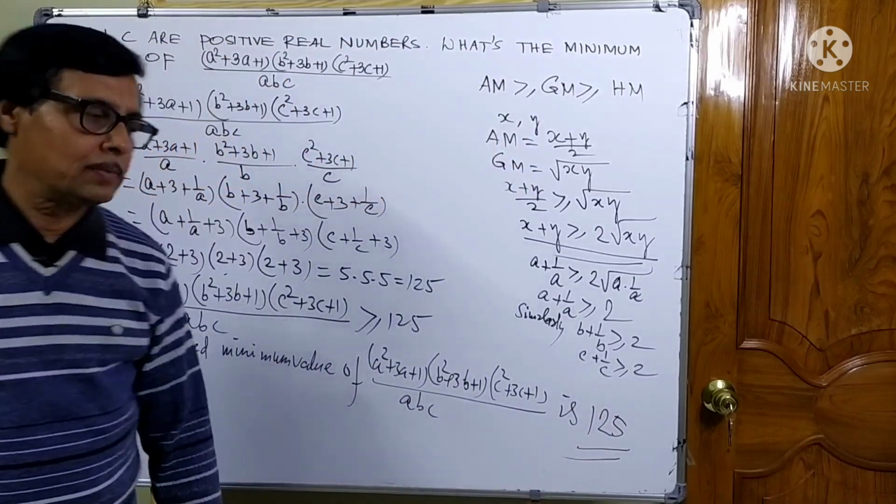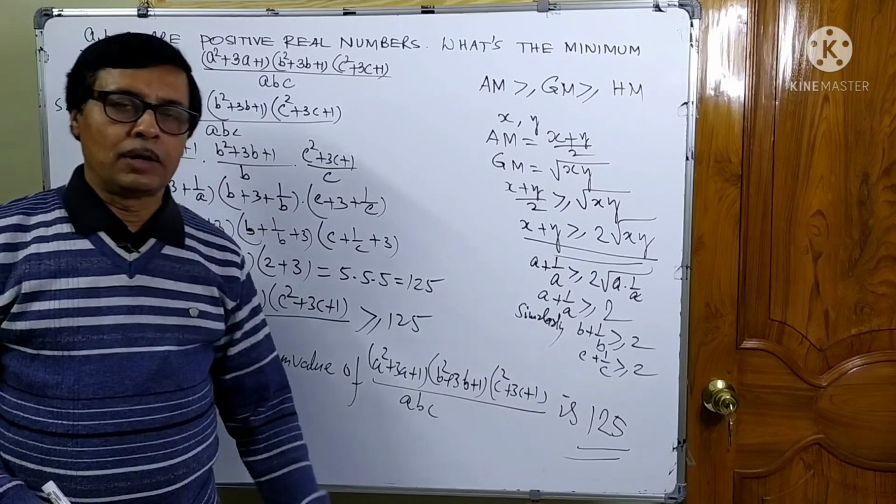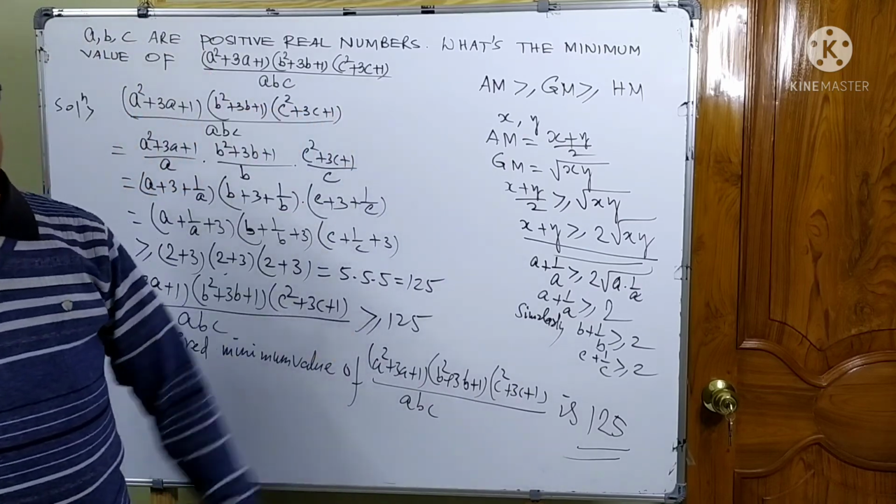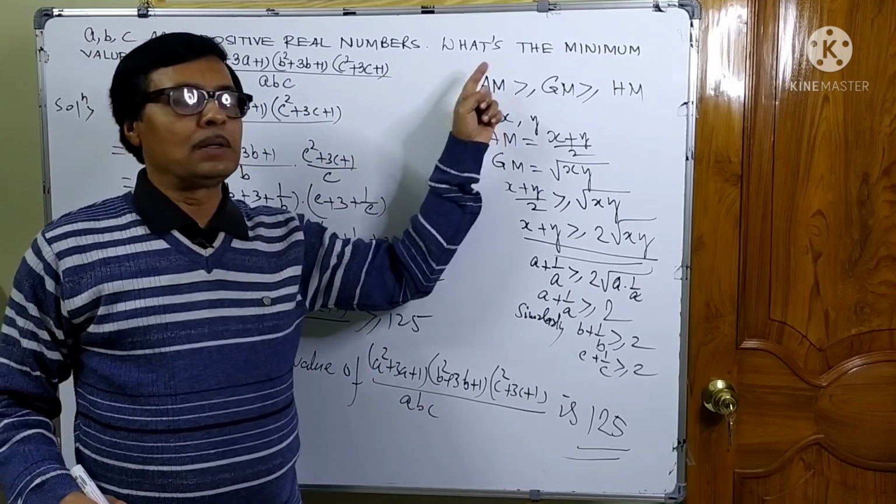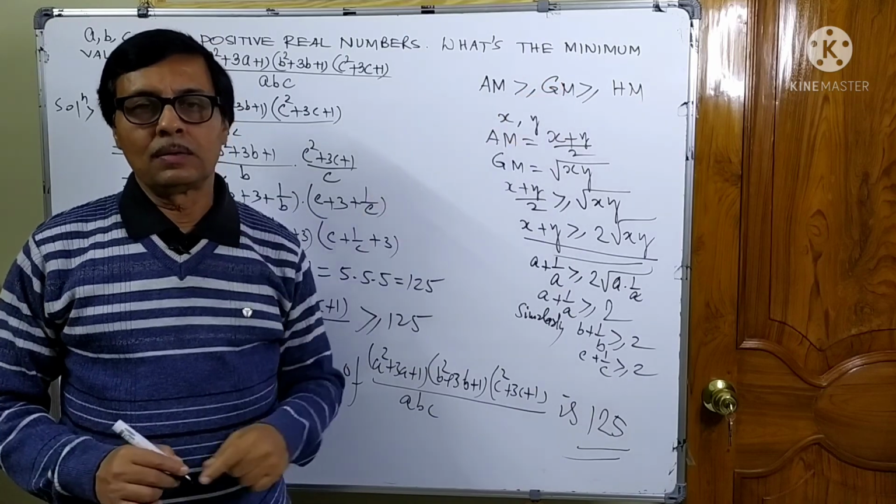This is the result. We have got this result by applying the well known inequality, arithmetic mean greater or equal to geometric mean greater or equal to harmonic mean.